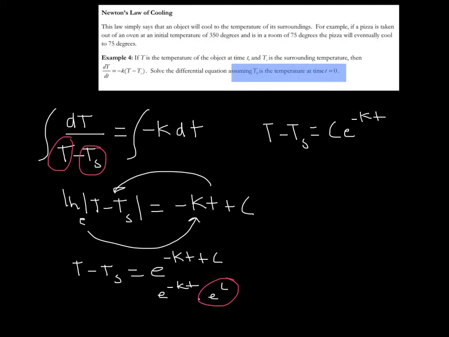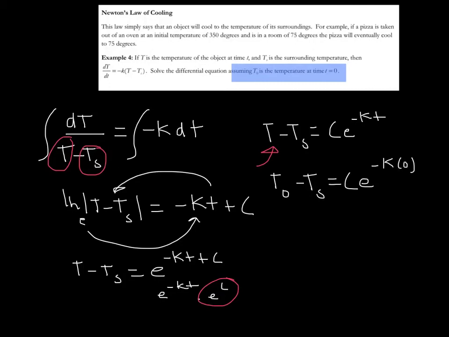And then from here, we can use our initial condition to get capital C, and that says that when time is 0, T is T sub 0. So we're going to plug in capital T of 0, and we're going to plug in 0 for our time, e to the negative k times 0.